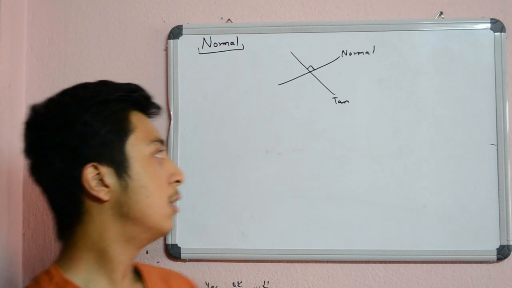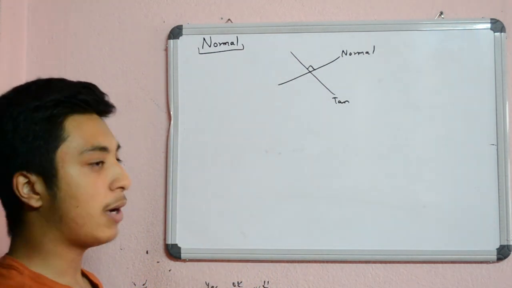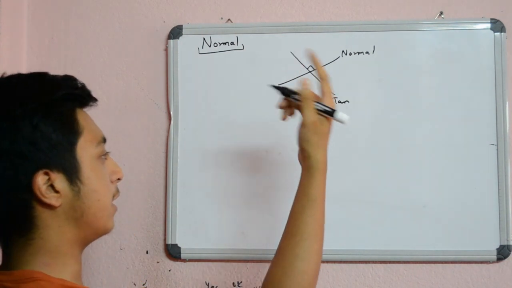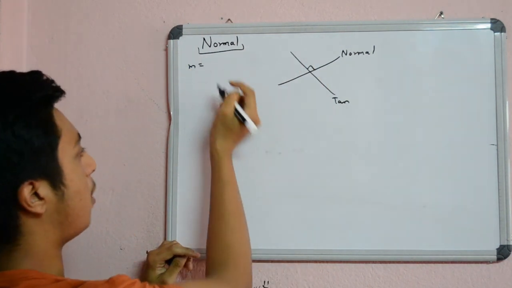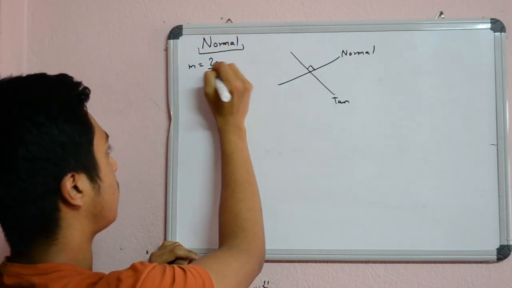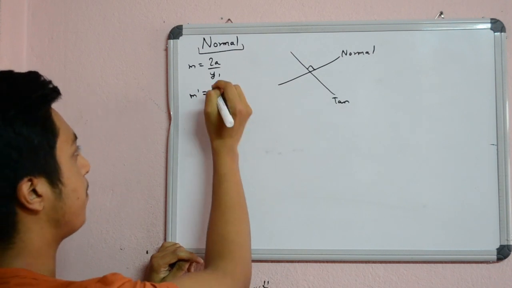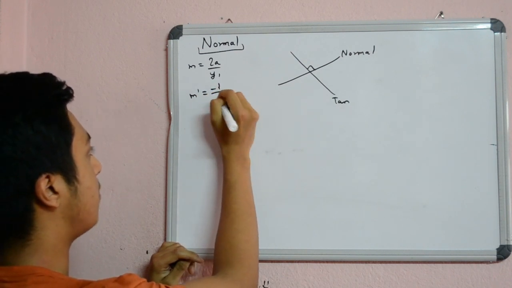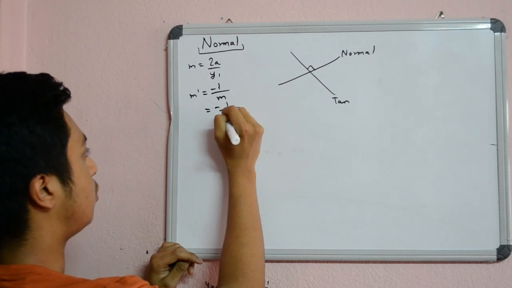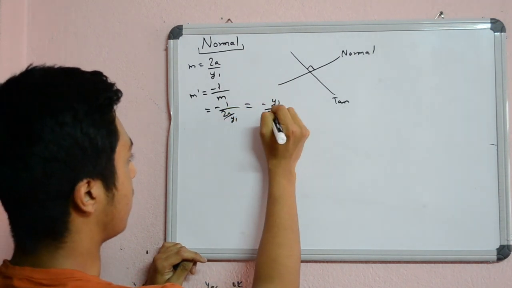For the normal, it's just a perpendicular line to the tangent. So what that means is its slope will be the perpendicular slope to that of the tangent. So we know the slope of the tangent is 2a by y1. And for the normal, let's call it m prime. This is minus 1 by m, which is minus 1 by 2a by y1, which is minus y1 by 2a.